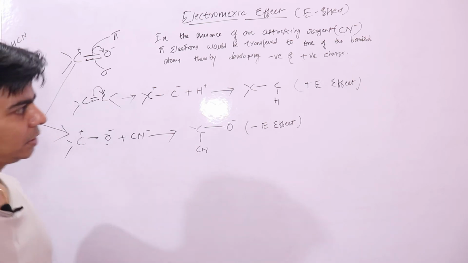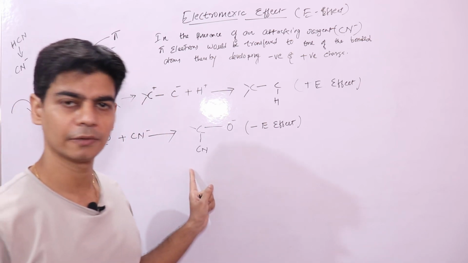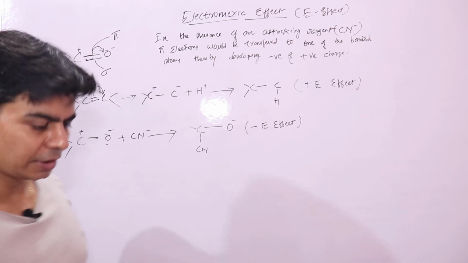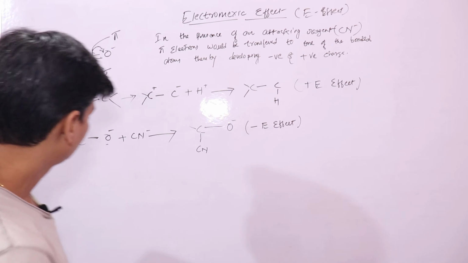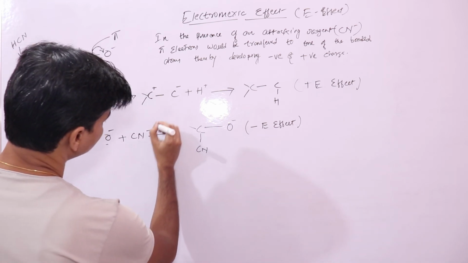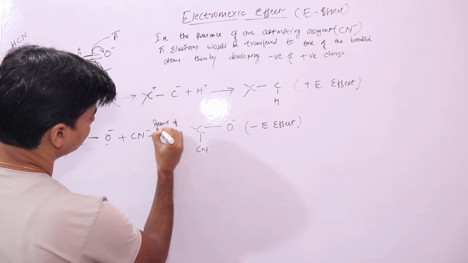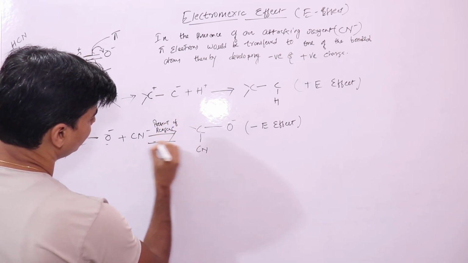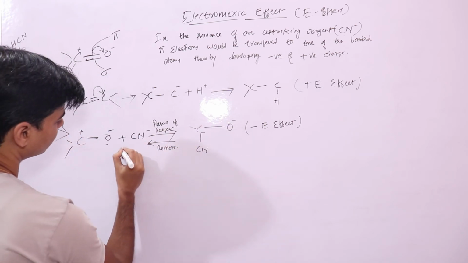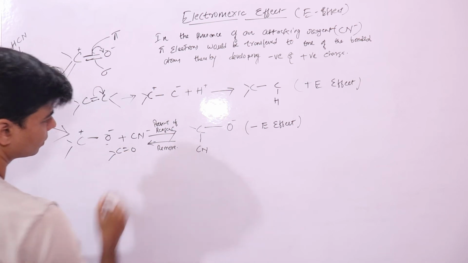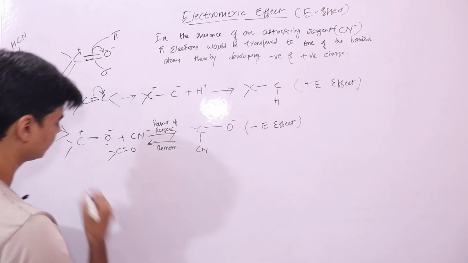And the other important thing, now it's clear what the electromeric effect is and the types of electromeric effect. And remember, this is a temporary effect. This is not a permanent effect like the inductive effect, right? So this is in the presence of the reagent. Now if I remove the reagent, this will move back to this stage. So this is a temporary effect that will take place only in the presence of the reagent.